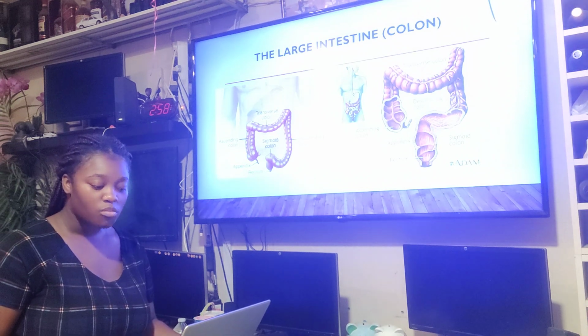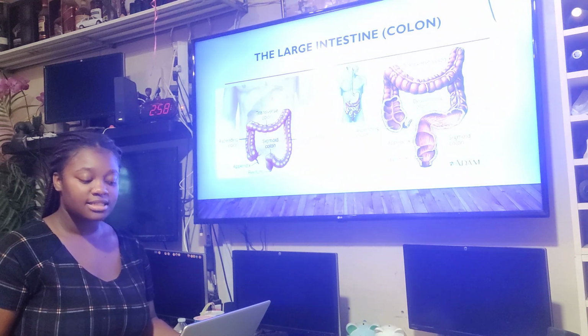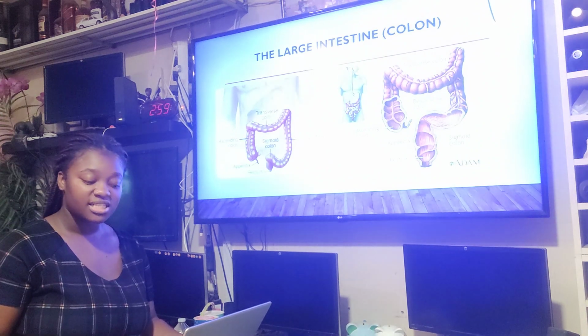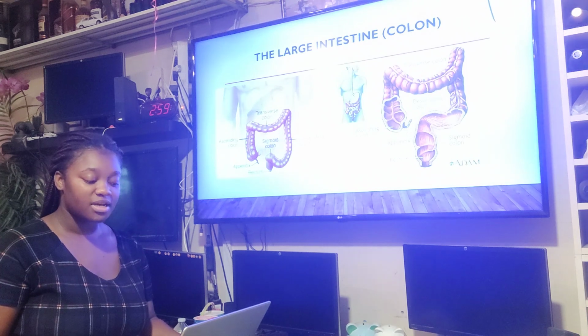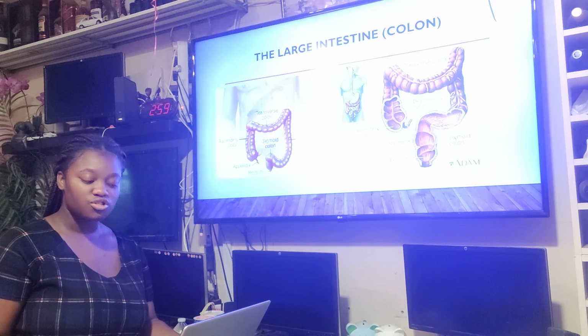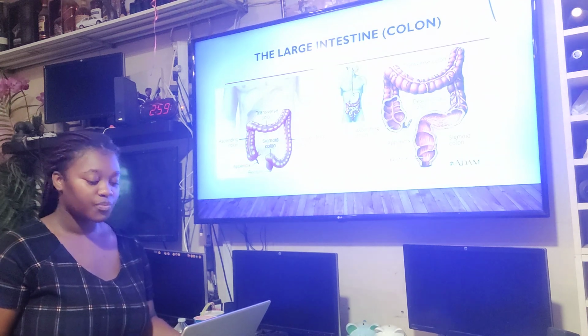At this point, almost all the water in this residue is absorbed as it travels down the colon. Bacteria in your large intestines help break down the remaining nutrients and make vitamin K. This happens in the colon, leaving a typically soft but formed substance known as stool.